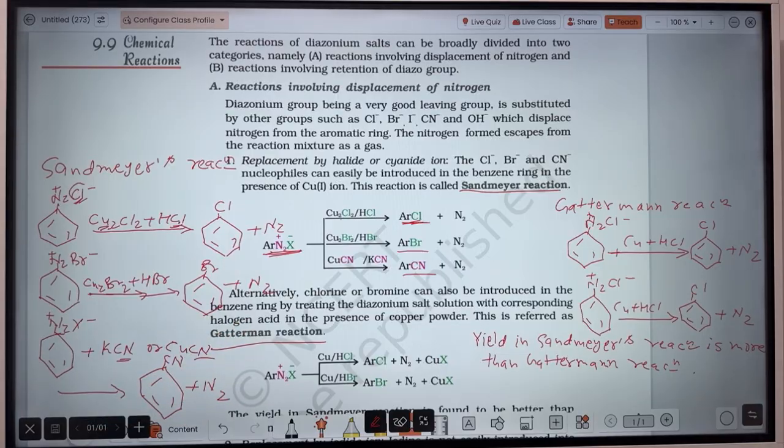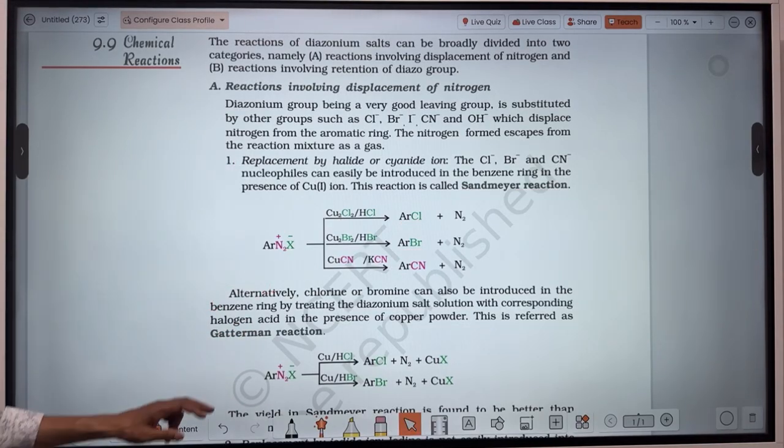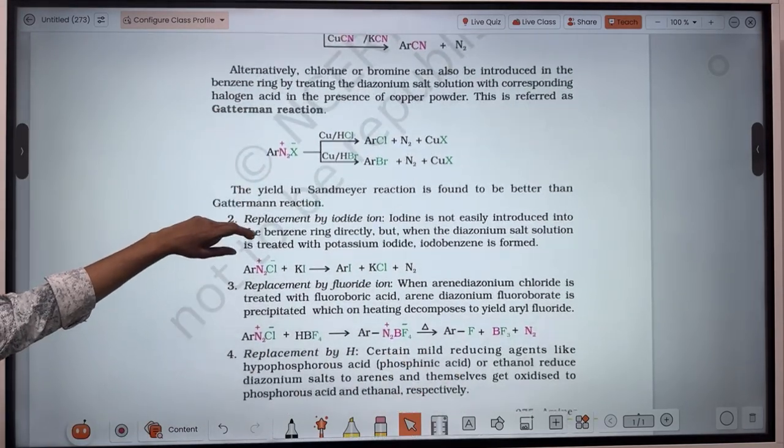Okay guys, that is about the Sandmeyer reaction and the Gattermann reaction.